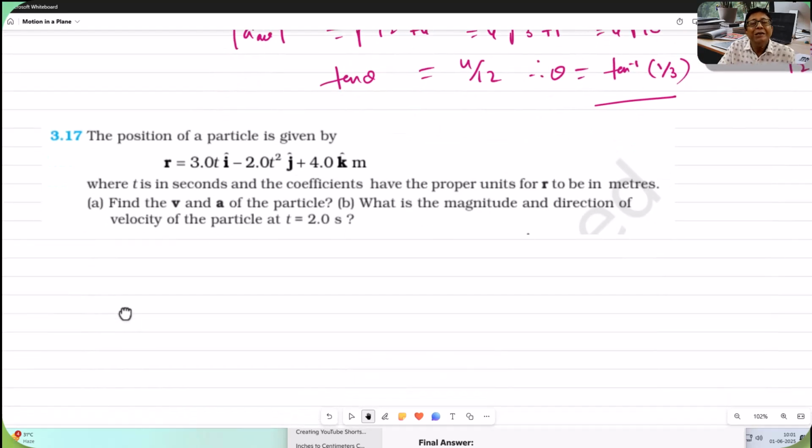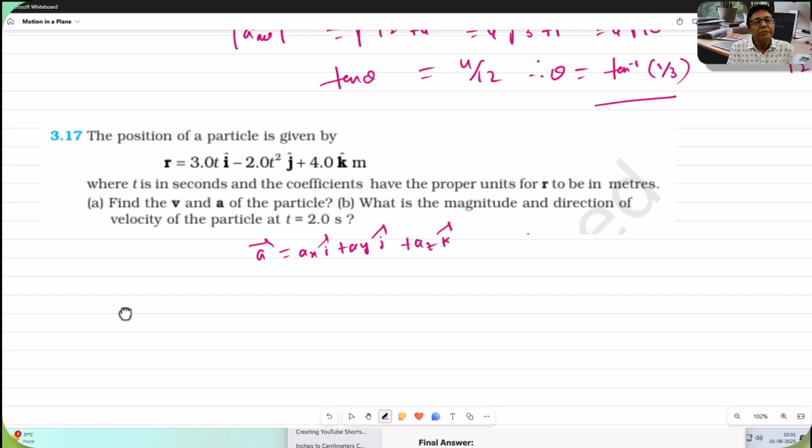Now, can we extend the concept in 3D? See, NCERT 3.17 question they have asked, a question where k vector is given. If we do it by the i j k method, this will remain the same. If we do it by the component method, then the acceleration vector you will write AX i, AY j, AZ k.